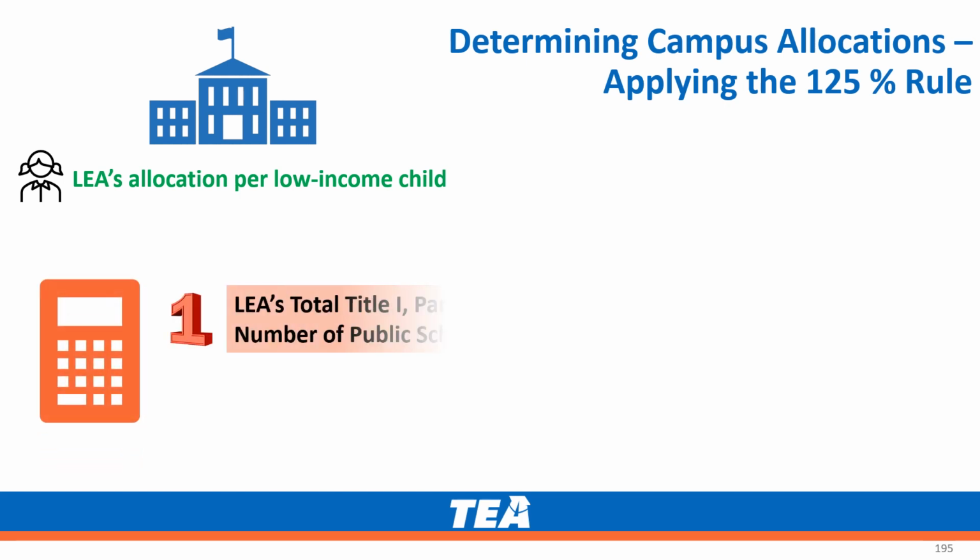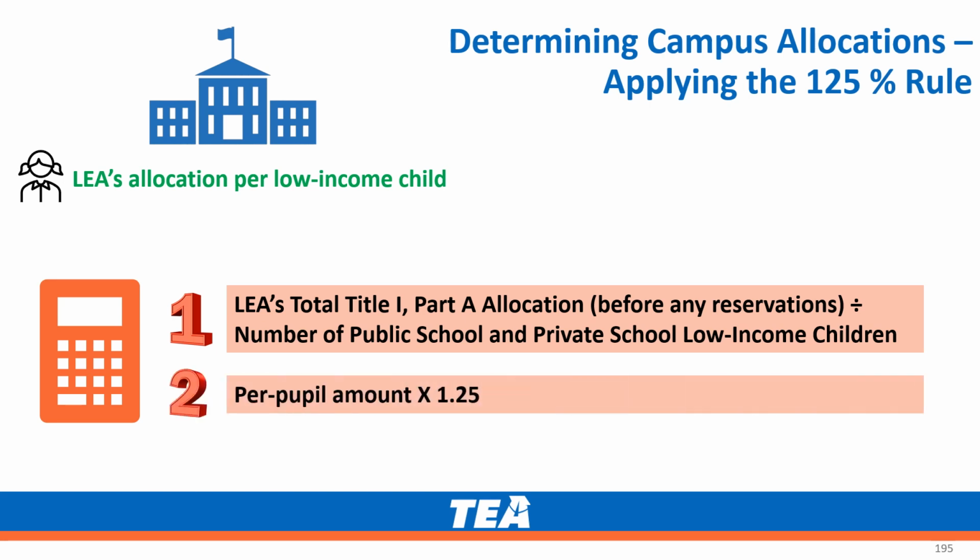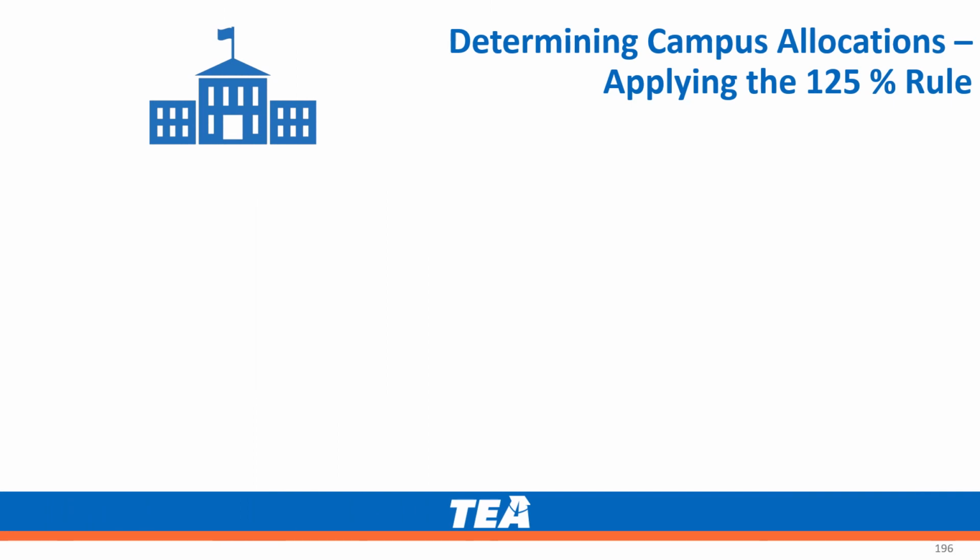An LEA's allocation per low-income child is the LEA's total Title I allocation before any reservations, divided by the number of public school and private school low-income children in the LEA as determined using the poverty measures selected by the LEA. The LEA then multiplies this per pupil amount by 1.25 to determine the minimum amount per low-income child.